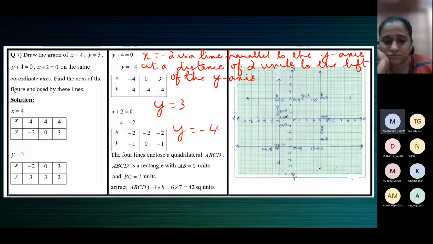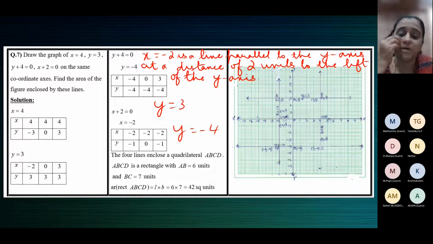Ma'am, instead of right and left, should we say top and bottom? Yeah, above and below. Okay, ma'am. Above and below. Completed, ma'am. Very good.